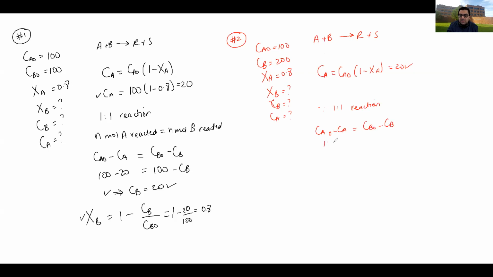In this case, 100 minus 20 is equal to 200 minus CB. So in this case, CB will be 120, right? 200 minus 80, 120. So I have CB, and then finally I'm going to calculate XB, 1 minus CB over CB note, 1 minus 120 over 200, which is 0.4, right?